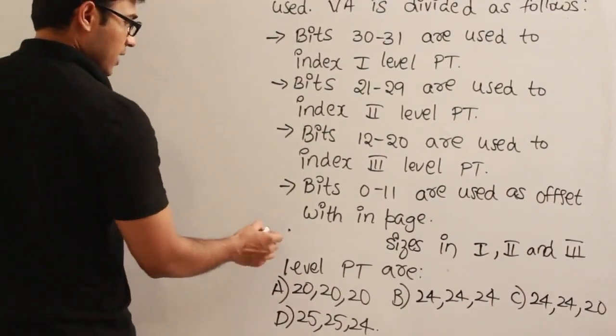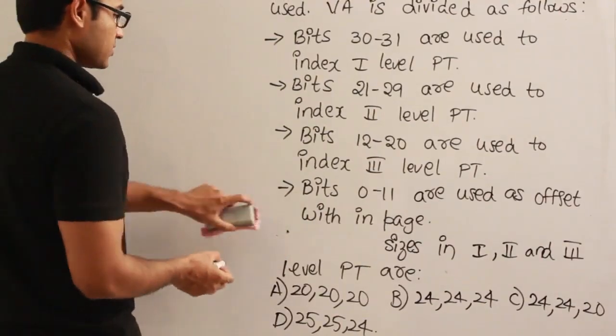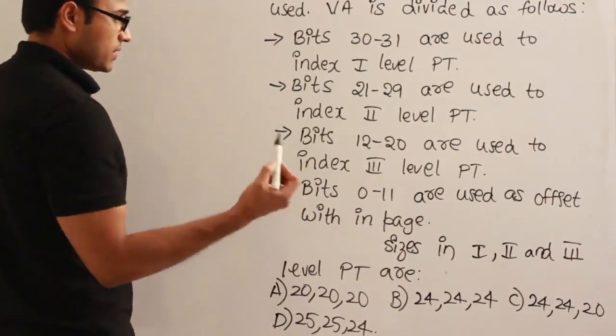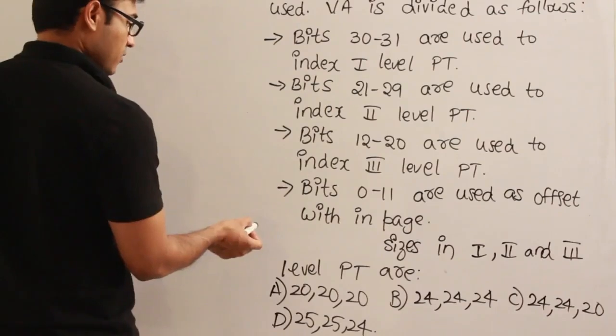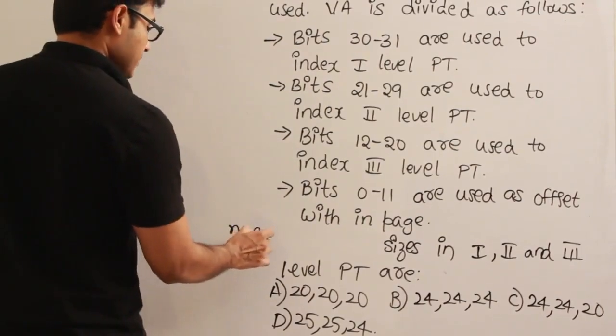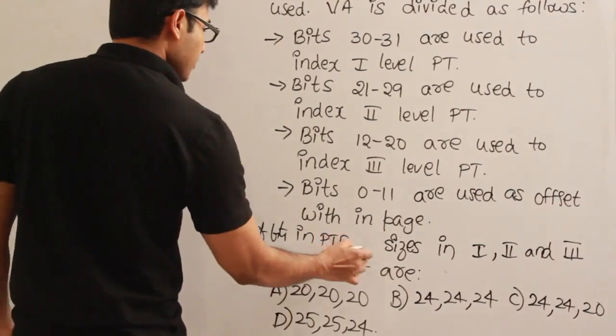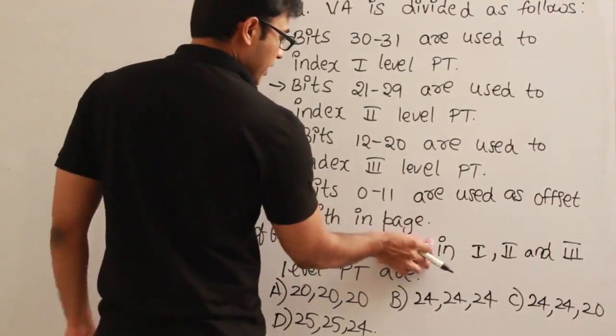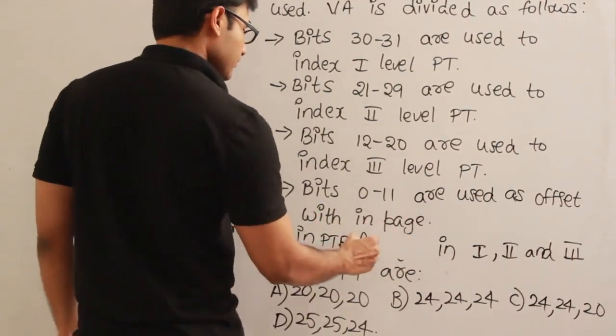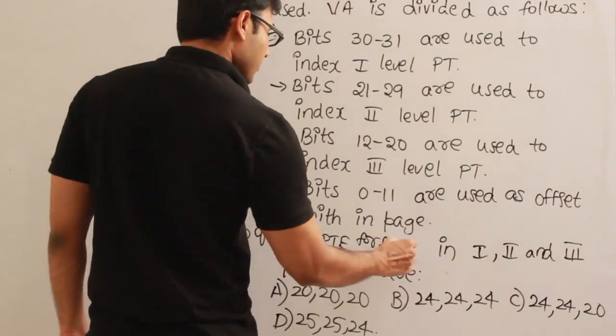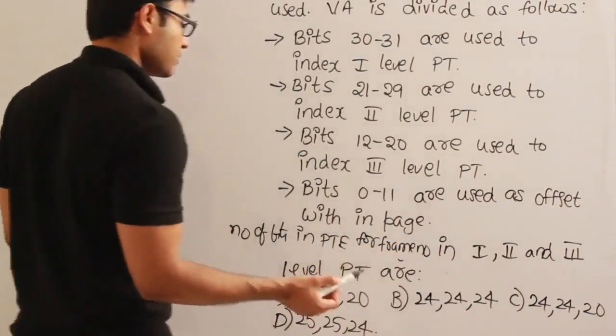So I have just written it as a small version. So you please read the question again. So what they are trying to ask is number of bits in page table entry for frame number. That is what they are asking. For frame number, that is what they are asking. You can read the question once.